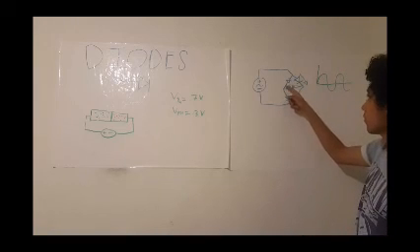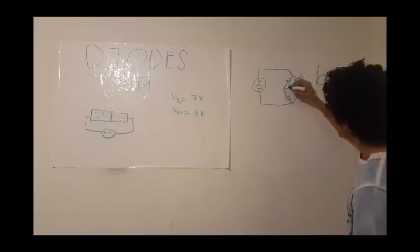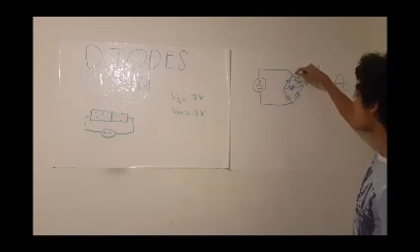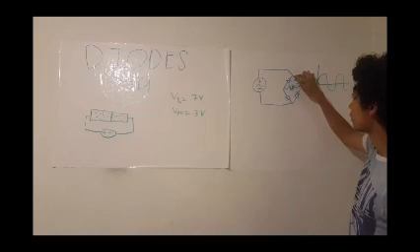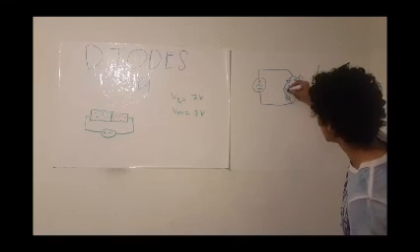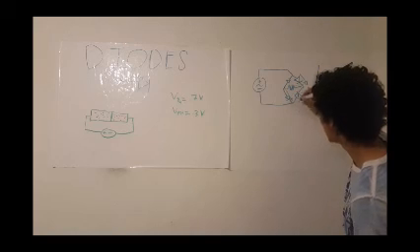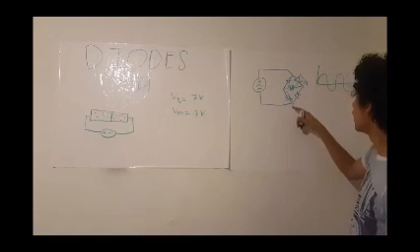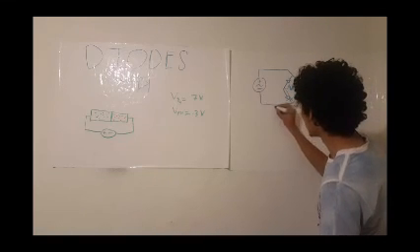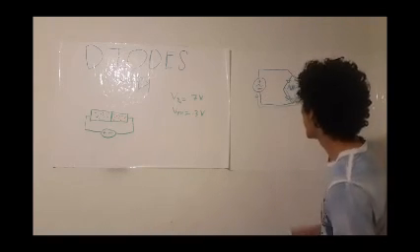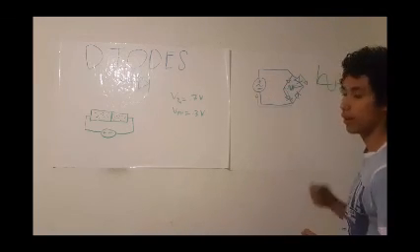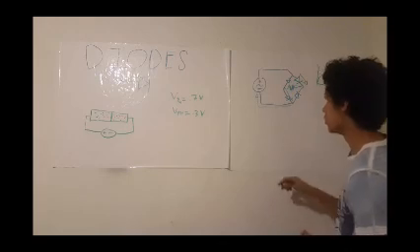Then it looks like it can go this way, but remember that the bigger voltage is here. So if there's a bigger voltage here than here, it won't conduct, so the current can only go this way. And once it is here, it returns to the source. So it does the whole trip.